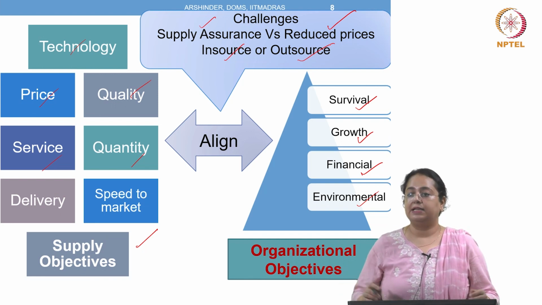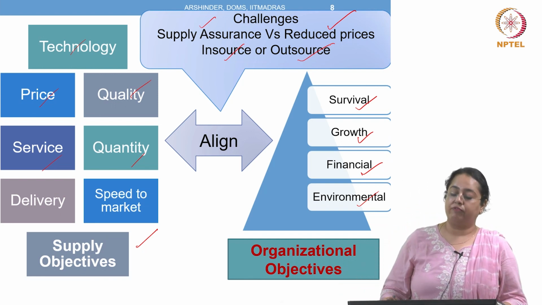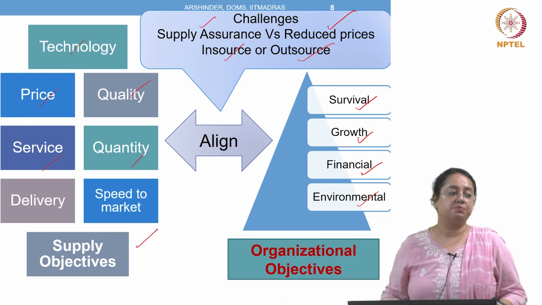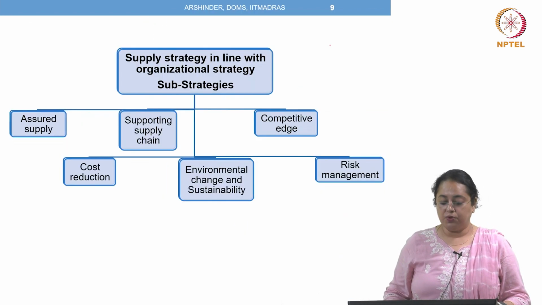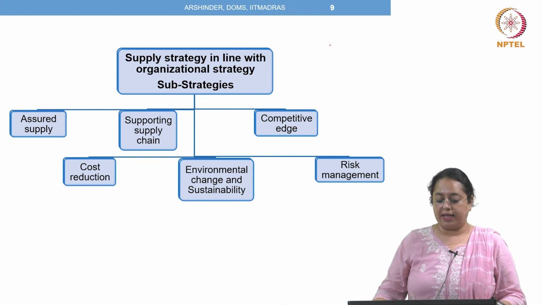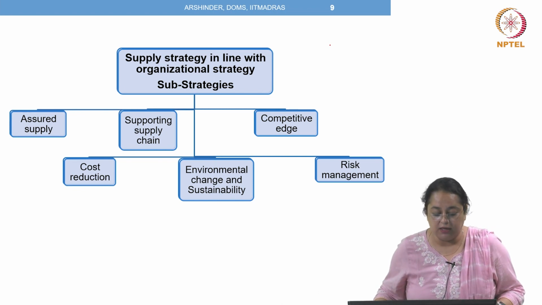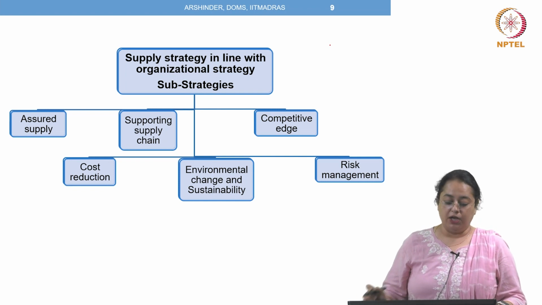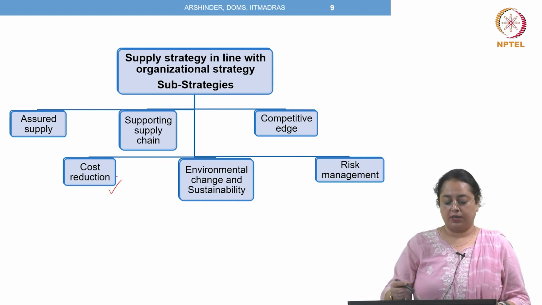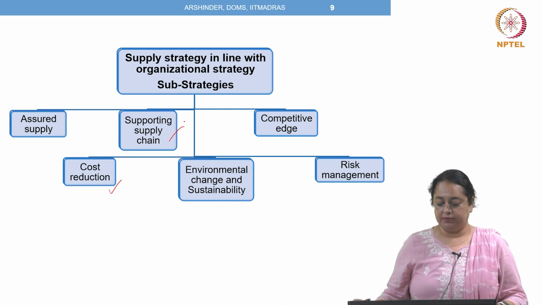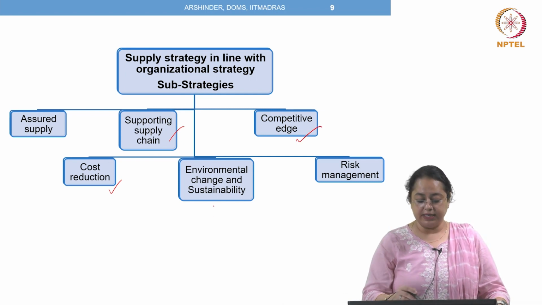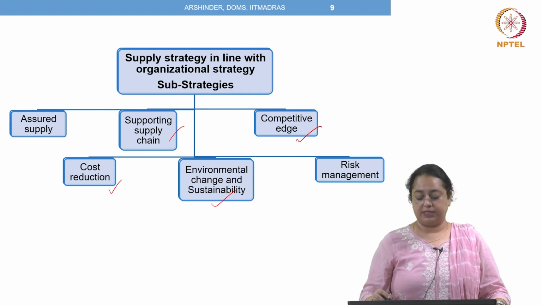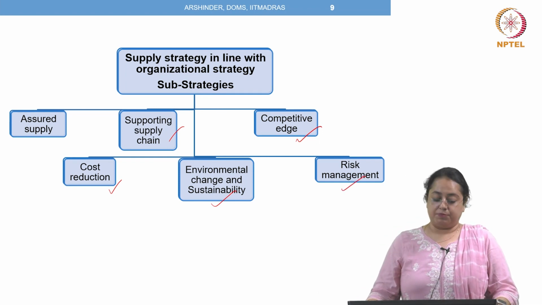So all these challenges one would face in the supply management function, but one has to align with the supply strategy. How to align? We need continuity in supply, assured supply, cost reduction, supporting supply chain, competitive advantage, environmental change and sustainability, risk management, right?